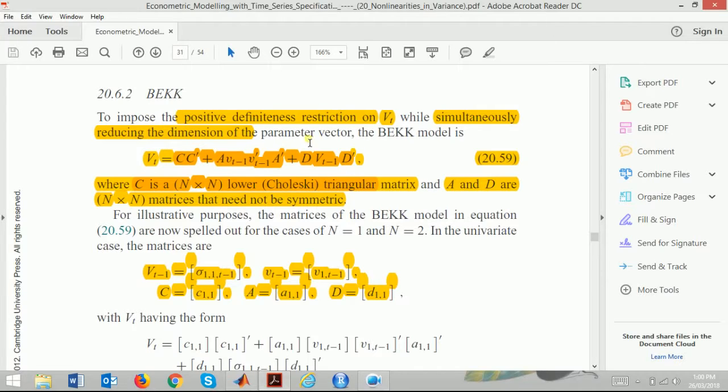We have a positive definiteness restriction. Our constant has a lower triangular Cholesky decomposition. A and B both are n by n matrices. So if you have 3 variables, then you have 3 by 3 matrices, with 4 variables, 4 by 4 matrices.